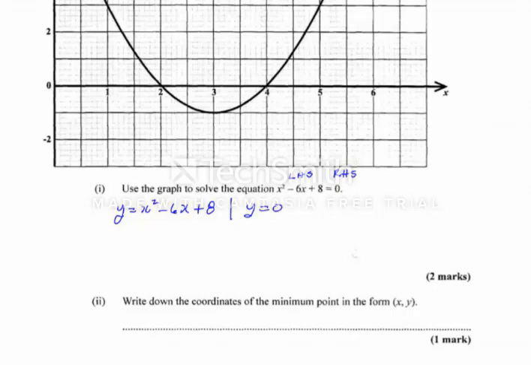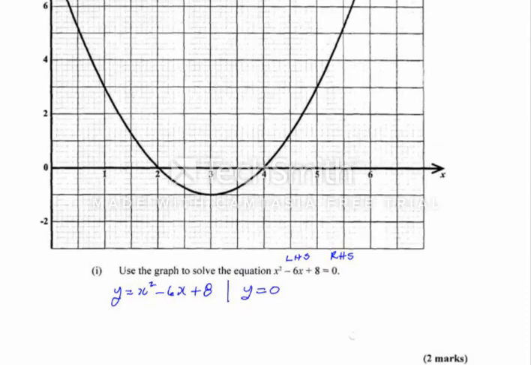And the solution would be the value of x where the two graphs intersect. Let's say that again. If you are asked to use a graph to solve an equation, you must draw the graph of the left-hand side of the equation and draw the graph of the right-hand side of the equation. The solution of the equation will be the value or values of x at the point or points of intersection of the two graphs.